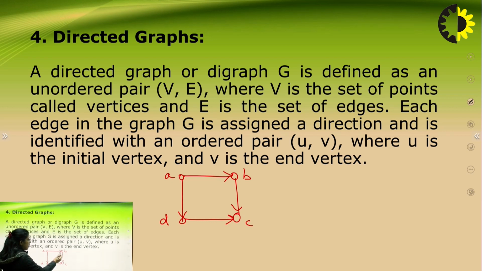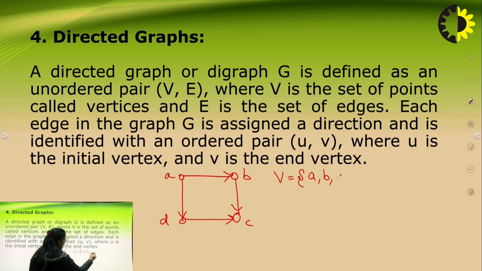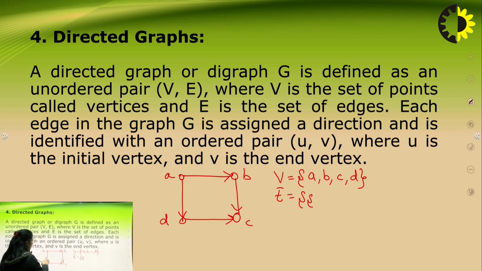Because of these arrows, it denotes that it is a directed graph. So here, the vertices are A, B, C, and D. How do we represent edges?